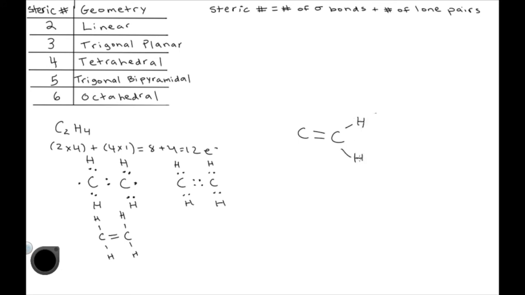Here's another hydrogen bond. Here's one more carbon-hydrogen bond and our last carbon-hydrogen bond. And around each bond is going to be 120 degrees of space. Right, and this is going to be trigonal planar.